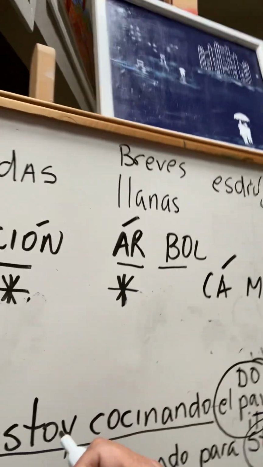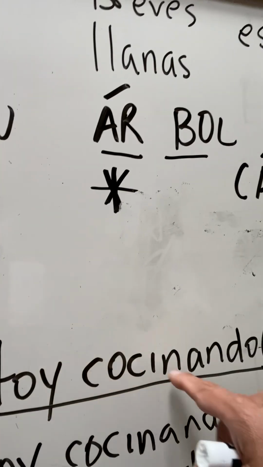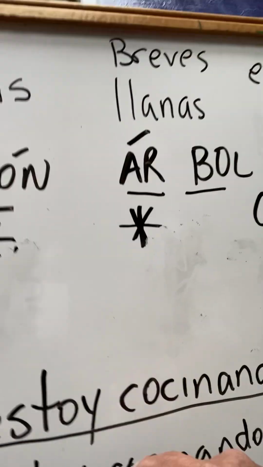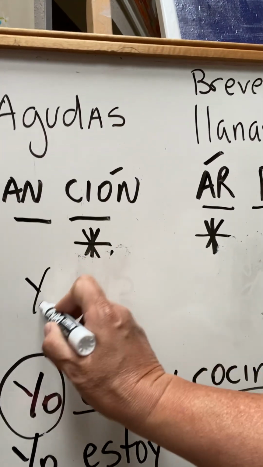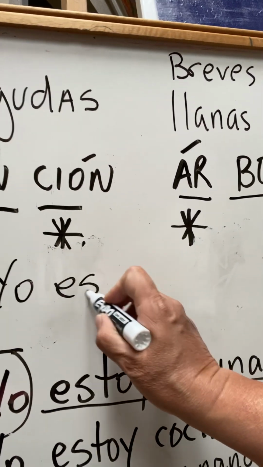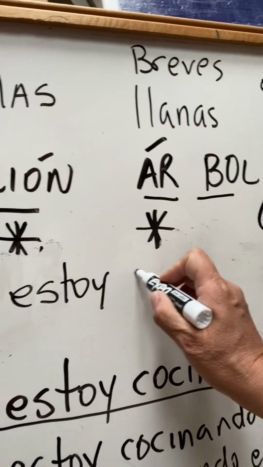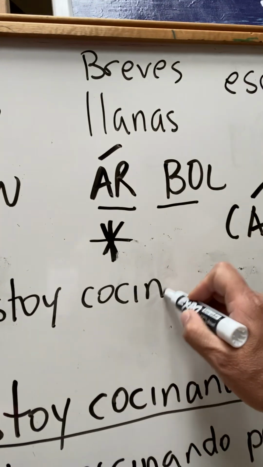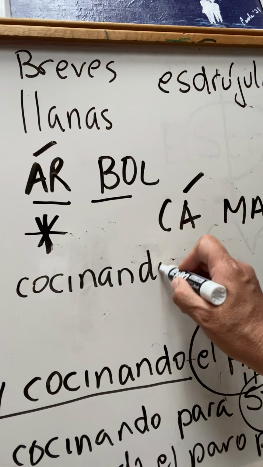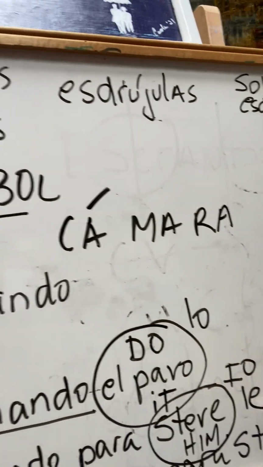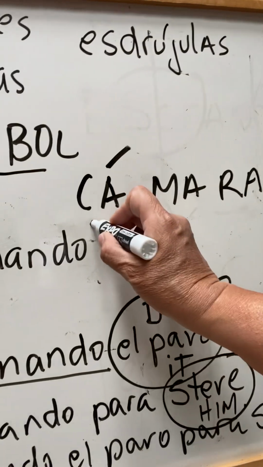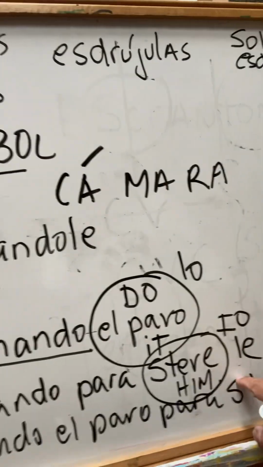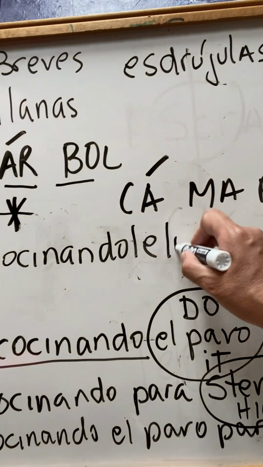Okay, so I'm now going to substitute that in the same sentence using I am cooking. So that is the present progressive. So I'm going to say, yo estoy cocinando, that's the cocinando, but then we go to the indirect object, le, and then the direct object, lo, for the turkey.